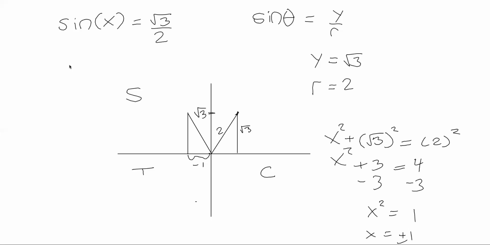So now that we have the triangle drawn, we want to ask ourselves, what kind of a triangle is this? This is one of those special right triangles. We know that it's not 45, 45, 90, so it has to be 30, 60, 90. How do we know if this is a 30-degree angle or a 60-degree angle?